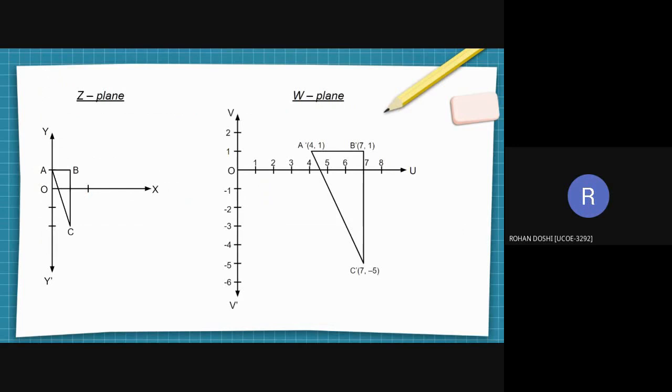We can see the example in this diagram. The left hand side one is the original one, and the right hand side one is when the plane has been shifted, with the values we have got.